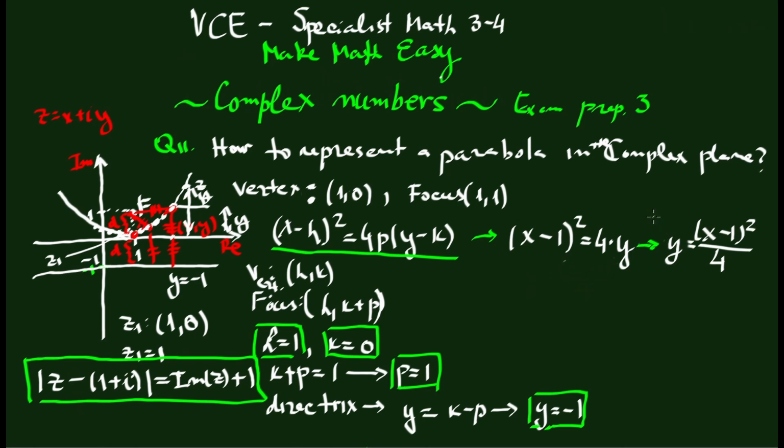So that's definitely that equation. Let's prove that this is correct. To prove it, we need to arrive at the same equation as in the Cartesian plane, and that's when we put in the coordinates for z. So let's prove it. Let's start here.